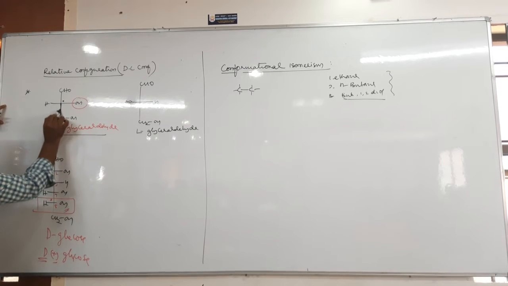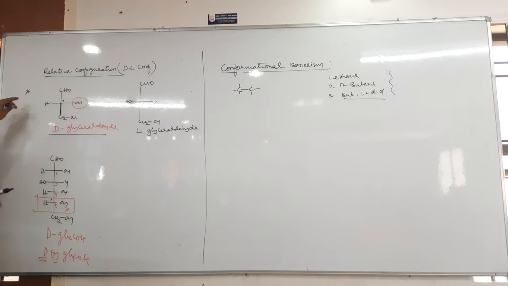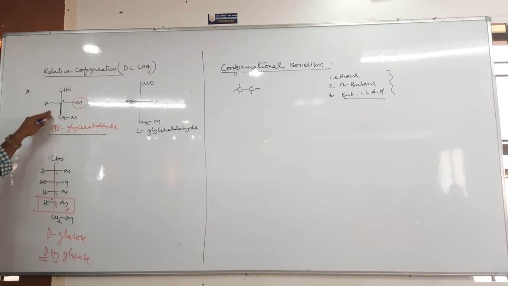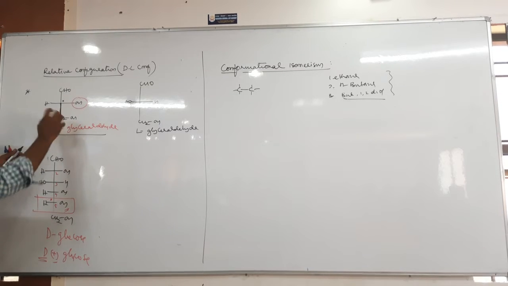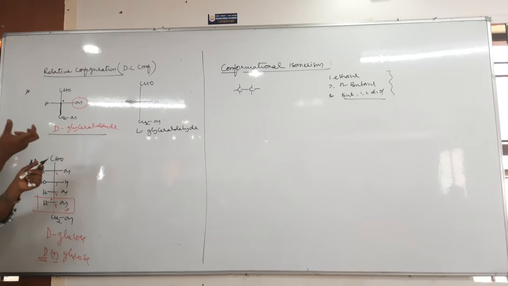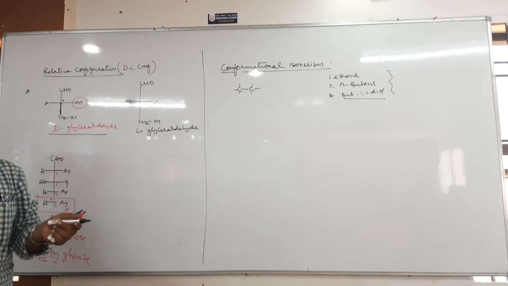By rotating the carbon-carbon bond, you can get n number of conformational isomers. So it means a given molecule has only one configuration, but conformations are many. Because by rotating the carbon-carbon single bond by a small degree, you will get one isomer. So conformational isomers are many, but configuration is only one.